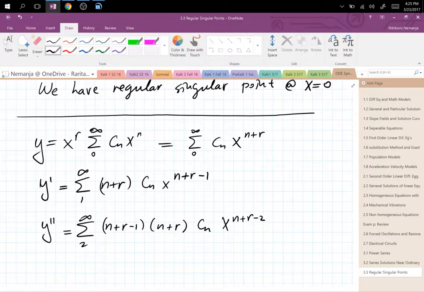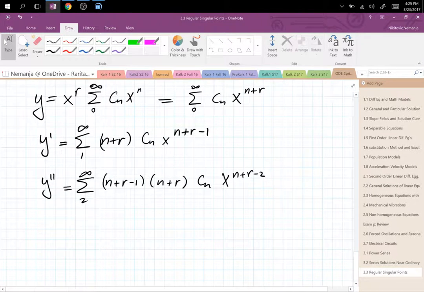So now what do we do with these things? You have what you're assuming is the solution, and you have y prime and y double prime. You feed them in. But look, you don't have your r's, right? We have to compute r every time. And when you compute the r, you plug in the r, and then you plug all of these into the differential equation, and you crank the same stuff we did earlier. But as you can see, to start off, this is your 3.2 when you're plugging in the power series, and your 3.3 has the extra piece.